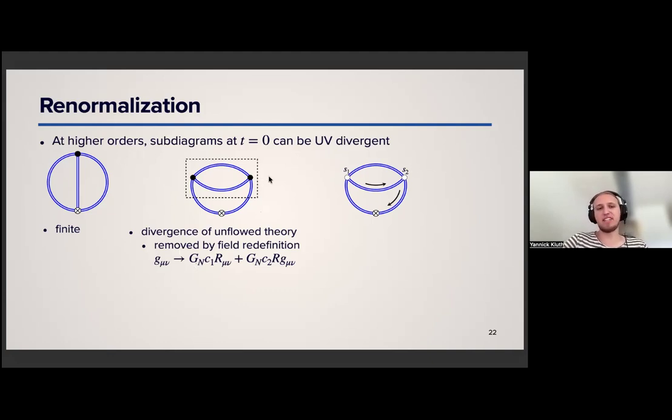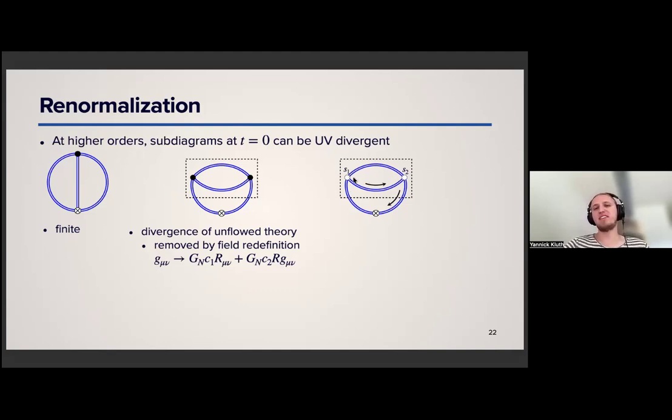But in addition to these UV divergences that we have as standard, coming from subdiagrams of the unflowed theory, we also get some UV divergences that are new and genuine to the gradient flow formalism, or the Ricci-flow formalism here. And an example is given here on this diagram on the right-hand side, where we have two flowed vertices here. And you might think now that this diagram must be finite and not have any UV divergences because these vertices are at finite flow times, and the propagators have exponential damping factors.